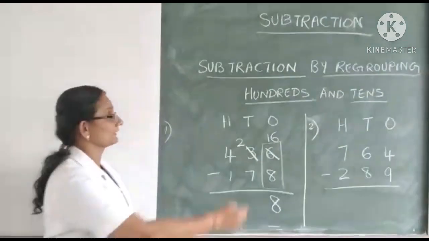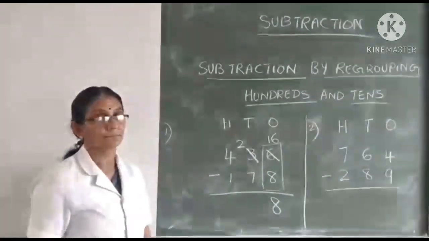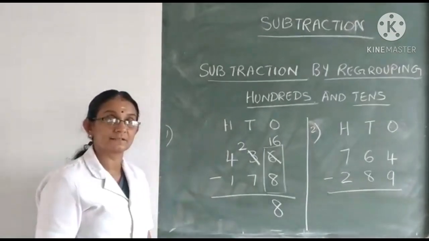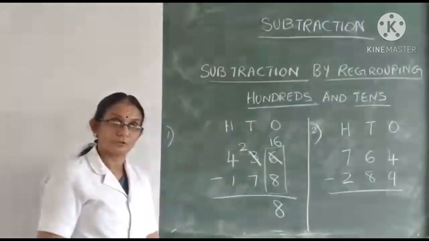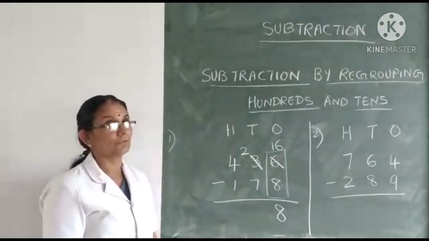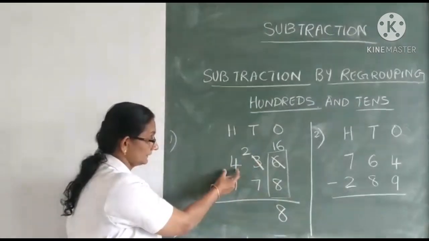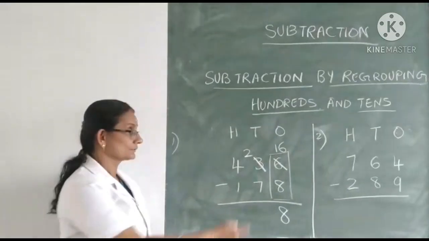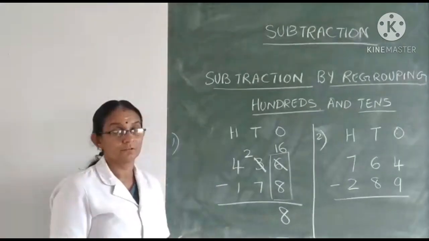Now we have to subtract the digits in the tens place. What are the digits here? 2 and 7. From 2 can you subtract 7? No. So what will we do? Again we have to regroup the digit in the hundreds place. What is the digit in the hundreds place? 4.